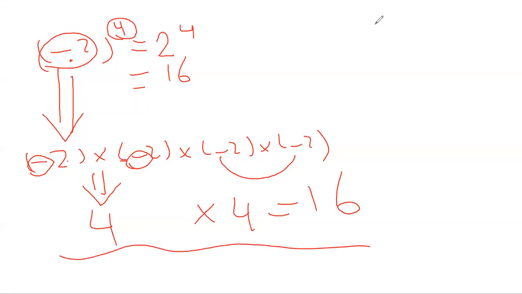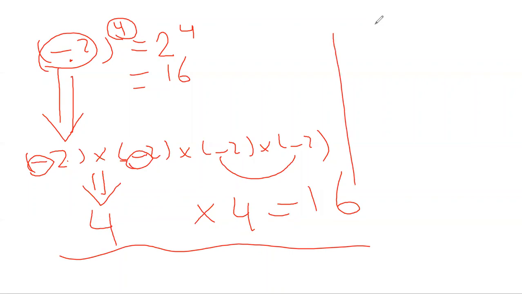So this is the idea. When it is negative in an even power, I remove the negative, because even means pairs. So each pair will take the negative from the other pair.